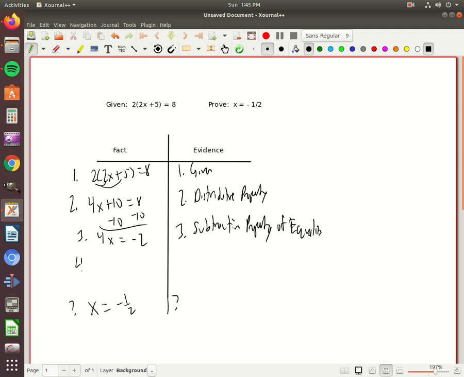From here, I'll divide both sides by 4, and I will get x equals negative 2/4. Again, we want to be real careful. We're not going to jump down to the end yet. So what we have there is the division property of equality.